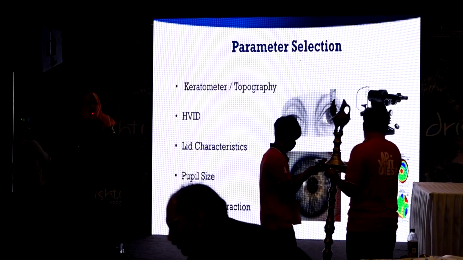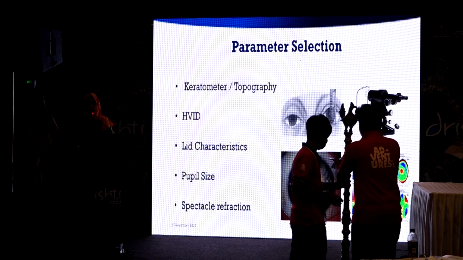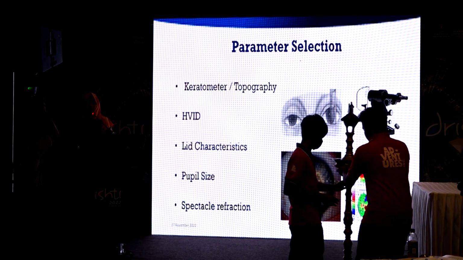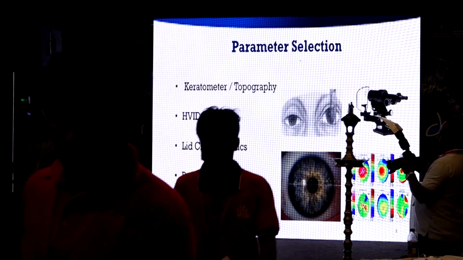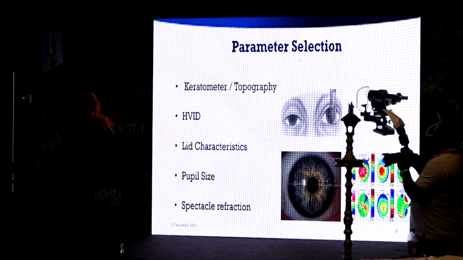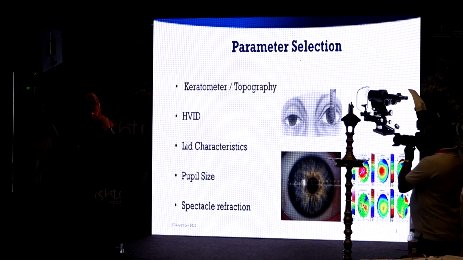These are the parameter selections: we have the keratometry or the topography report. The topography report is very important in identifying the location of the cone, especially for fitting RGP lenses, and keratometry is mainly for selecting the base curve.